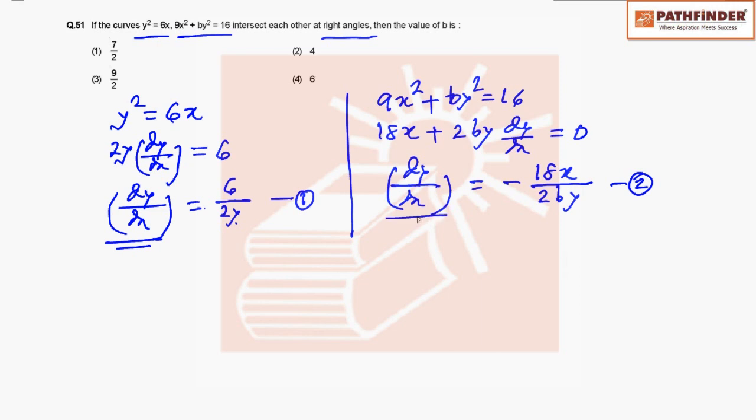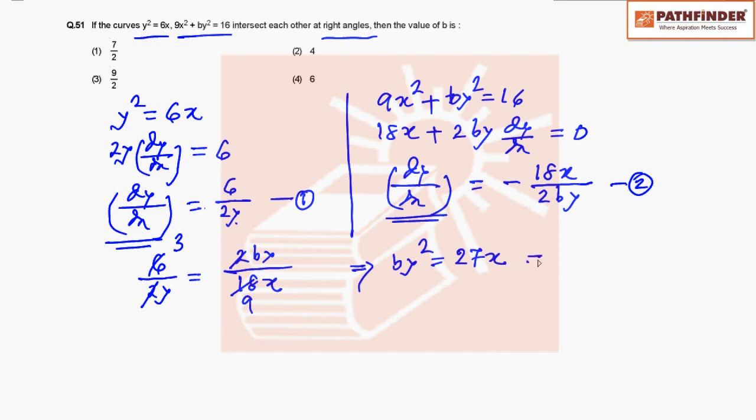That means dy by dx from the second equation is minus 18x by 2by. It is number 2. Now as they are at right angles to each other, dy by dx equals minus of dx by dy. That means 6 by 2y equals 2by by 18x. Cancel 3, and it is also 9, so y square equals 27x by b. It is number 3.